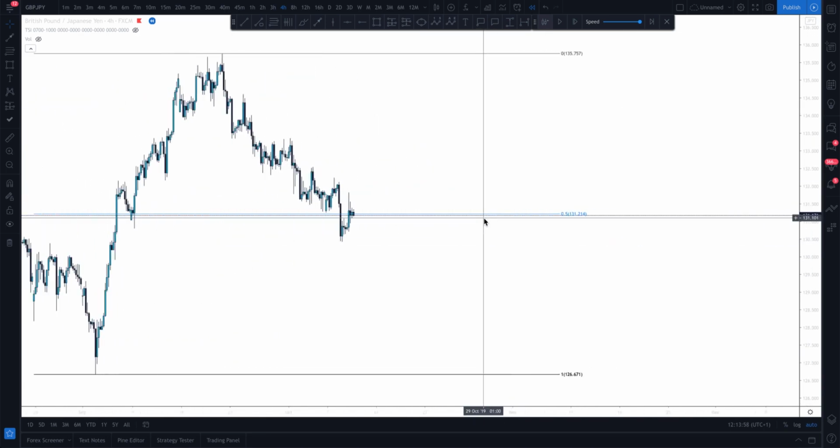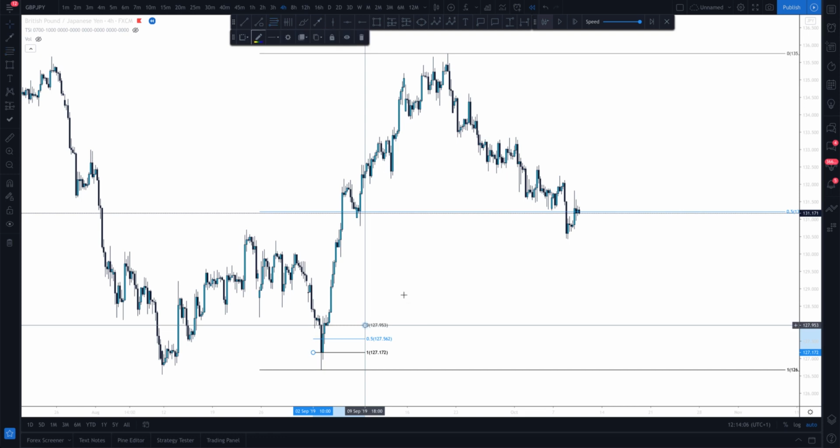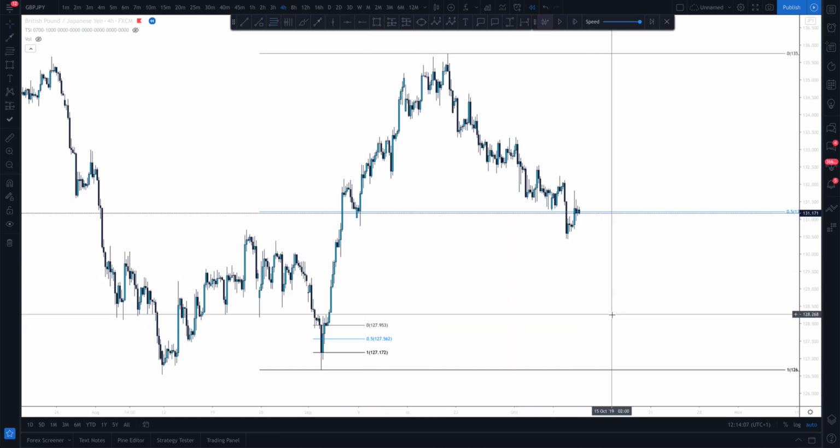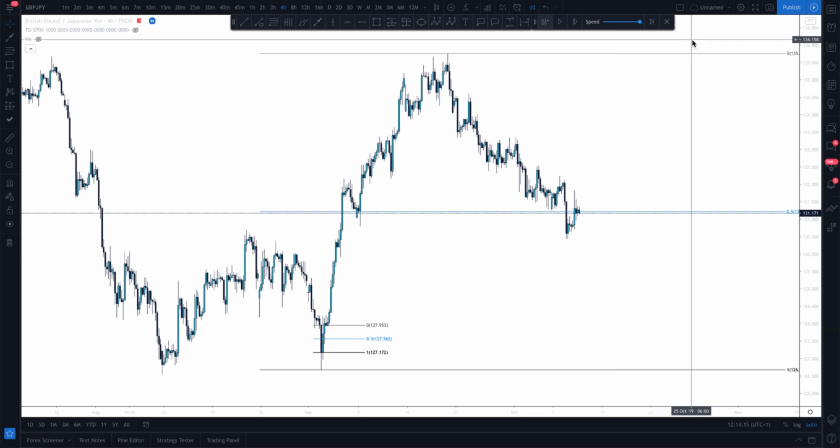inefficiencies. So for example, you could have the equilibrium of this candle here, and then you wait for price to come down to the 50% of that candle, mitigate out of it, and carry on. Obviously, we'll get into that later, so you don't have to stress yourself out about that right now.